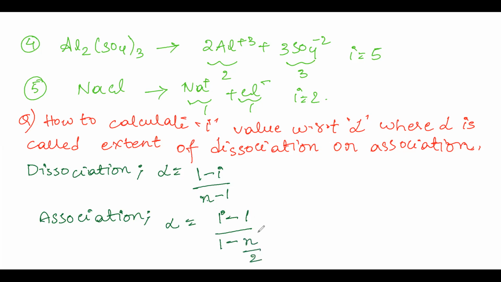So this is the formula for dissociation and association, and mostly we'll get it for dissociation only. Now I'm doing the calculation of i for all the sums which I have given, with respect to percentage of dissociation.